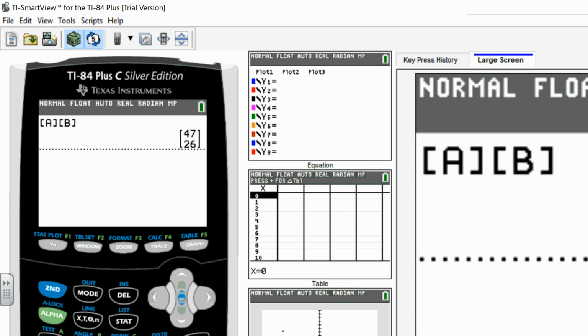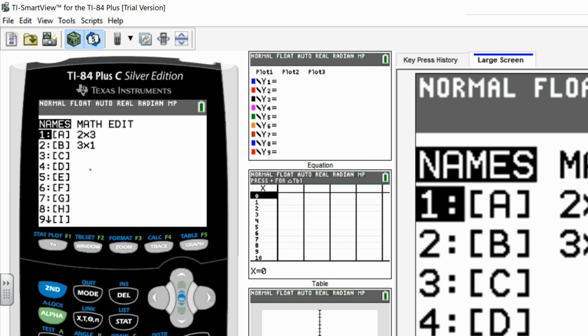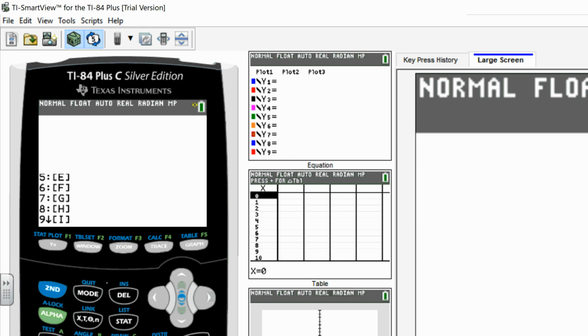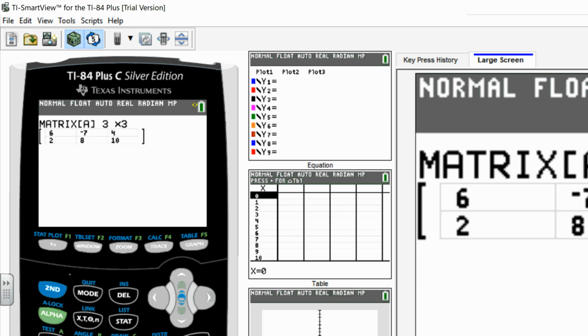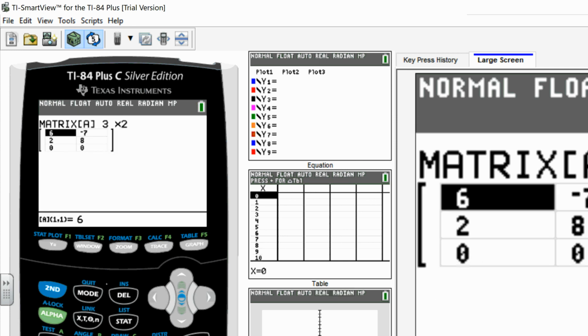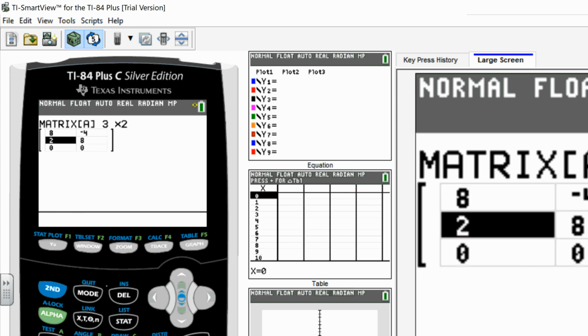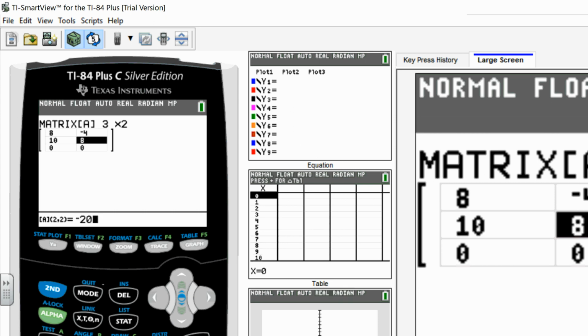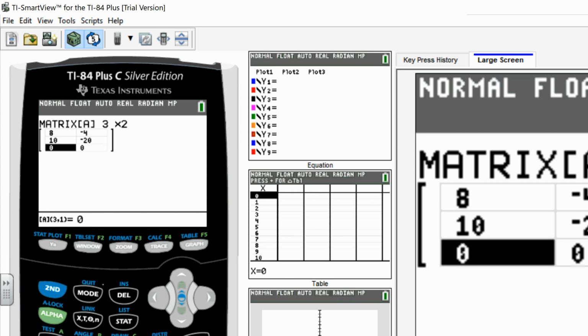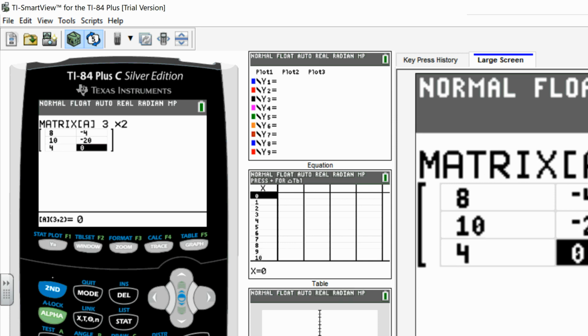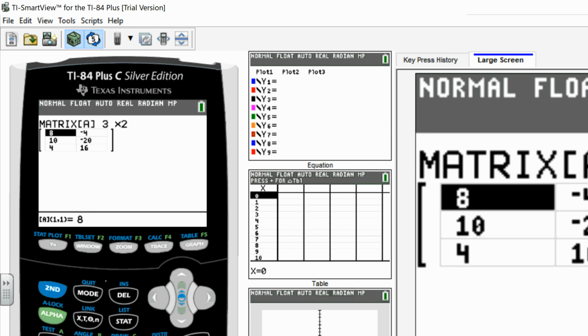If we do this in the calculator, the first thing we need to do is define the matrices. The first one is a 3 by 2: 8, -4, 10, -20, 4, and 16. So we have that typed in.